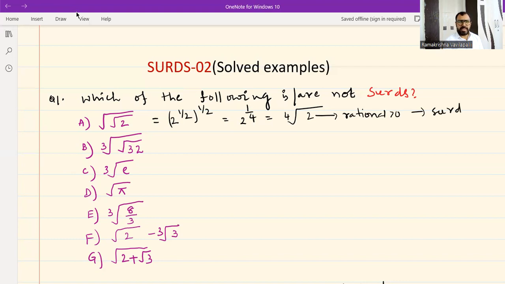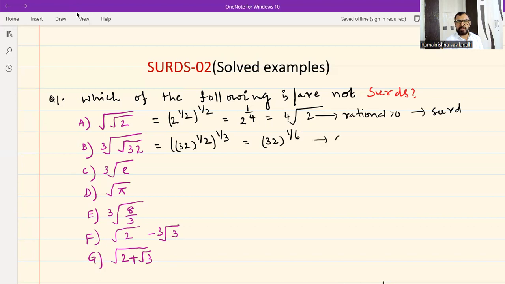Consider the second one. Outside is the cube root, inside is the square root of 32. So I can write this as 32 power 1 by 2, again whole to the power of 1 by 3. So we can write 32 to the power of 1 by 6.